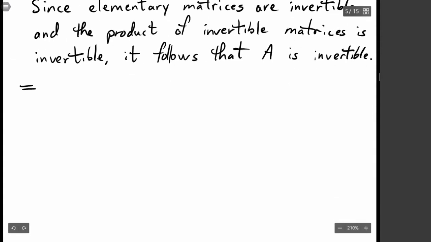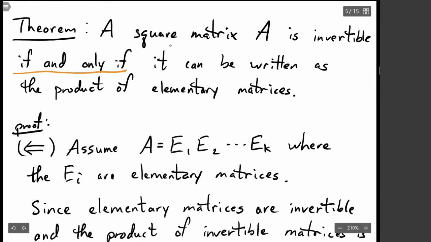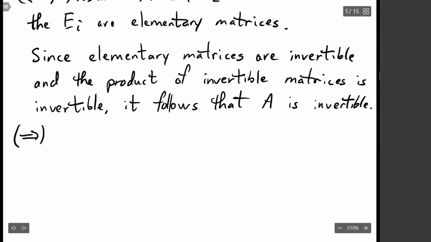So how do we do the forward direction? In this direction, we're going to assume A is invertible.